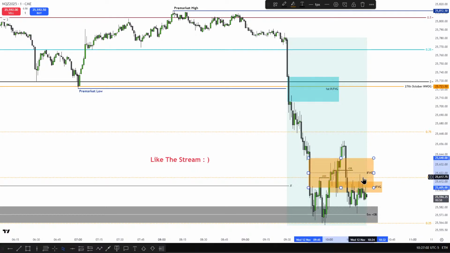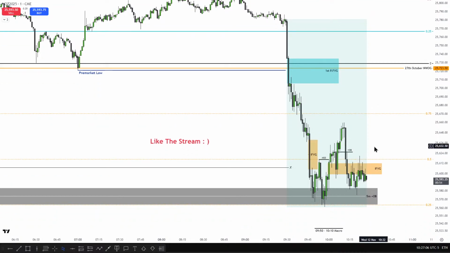Staying in the lower half of this inversion gap. Yawn.